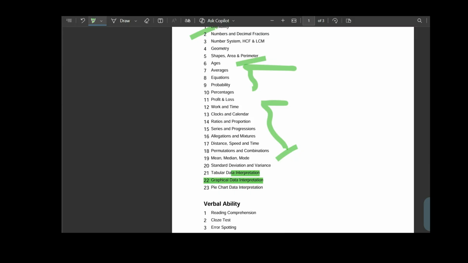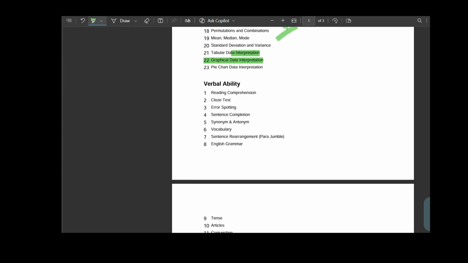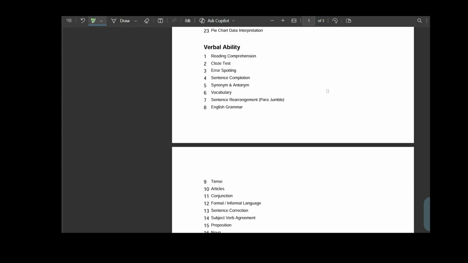Next, let's move to the verbal ability section, which evaluates your English proficiency and communication skills. In this section, you will encounter questions that test your understanding of reading passages, vocabulary, and grammar.